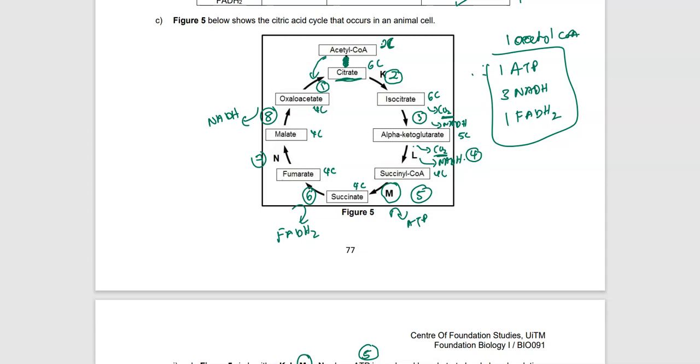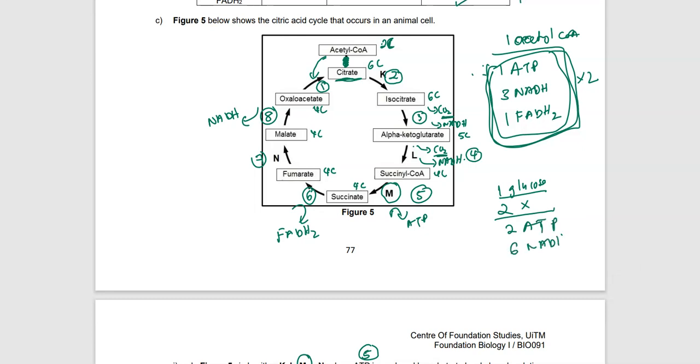But for one molecule of glucose, the citric acid cycle will occur twice. So you have to multiply all this by 2 to get the number of products for one molecule of glucose. So for one molecule of glucose, the products of the citric acid cycle are 2 ATP, 6 NADH, and 2 FADH2.